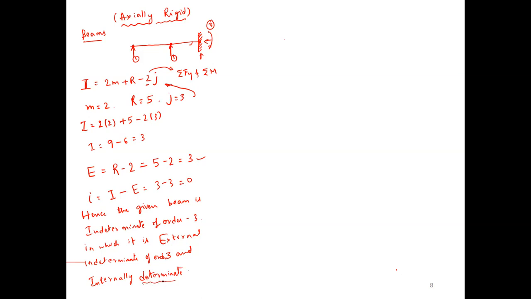They will give you a beam and then some statements. This beam is given. Now I am going to give 4 statements. A, beam is unstable. B, beam is externally determinate.